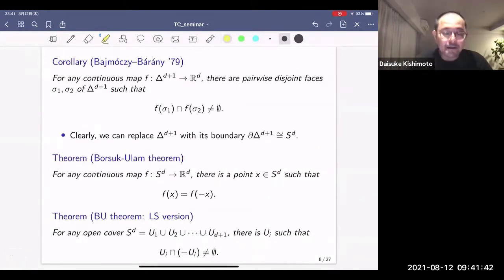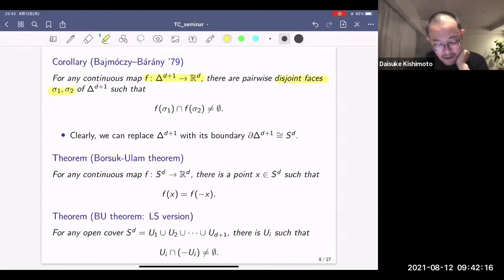So, let me excuse my choice of this topic. In the topological Radon theorem, we consider a continuous map from the D plus 1 simplex into R^D, and also we consider pairwise disjoint faces sigma 1 and sigma 2.